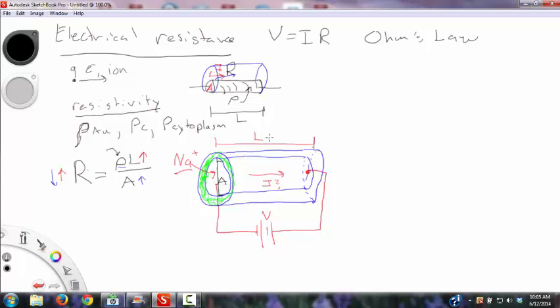You know the cytoplasm value, so you just get R equals rho for the cytoplasm that you looked up, times the length that you cut out, divided by the cross-sectional area. You throw your numbers in, and you get an answer out. And the unit that this would come out in, the units on R, is what's called the ohm.